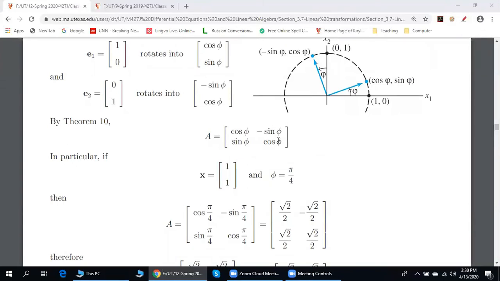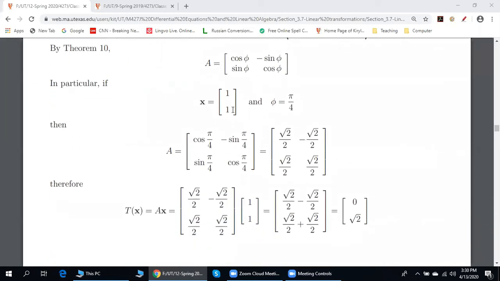In particular, if phi is equal to pi over 4, the whole matrix becomes this. So if you multiply any vector from R2 by this matrix from the left, the resulting new vector will be a rotation of the original vector pi over 4 about the origin.